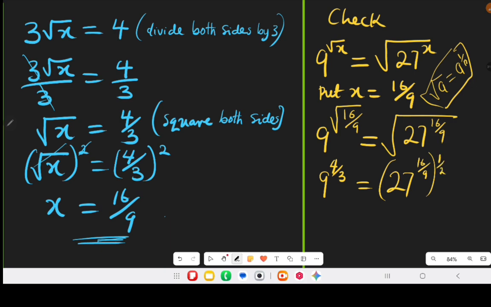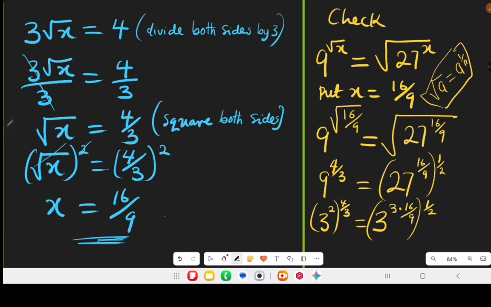Now we change both sides to base 3, which is 3 raised to the power of 2 all in brackets times 4 over 3 equals 3 raised to the power of 3 times 16 all over 9 times 1 over 2.